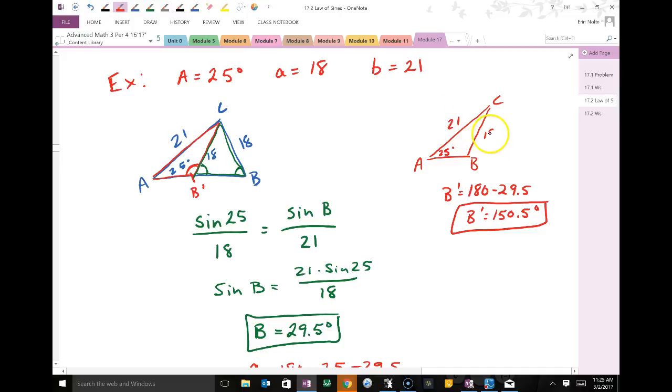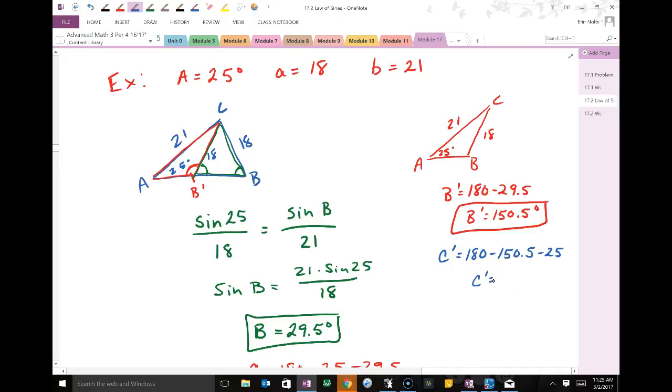This is 21, 18. What can I find next? My C, good. So how would you find C prime? Good, perfect. So minus the two angles that we have. So what's 180 minus 150.5 minus 25?